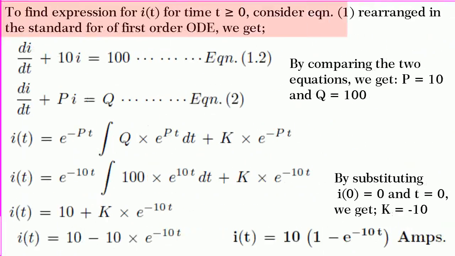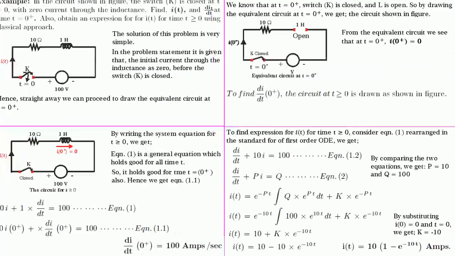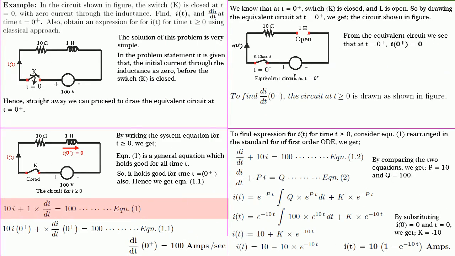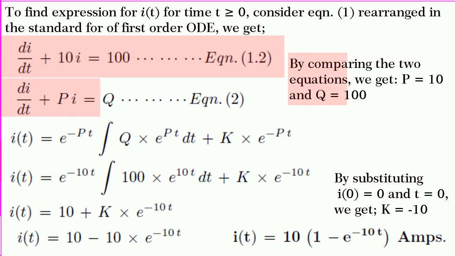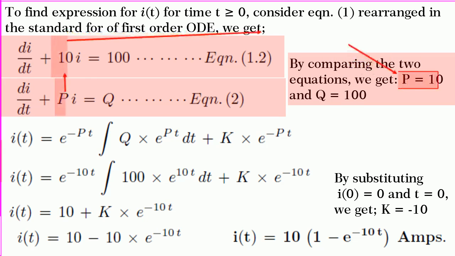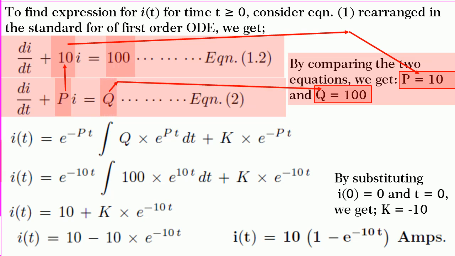To find the expression for I of t for t greater than or equal to 0 using classical approach, we have to obtain the system equation in the standard form of ODE. Hence, by rearranging equation 1, we get equation 1.2. By comparing it with the standard form of ODE, we get P is equal to 10 and Q is equal to 100.